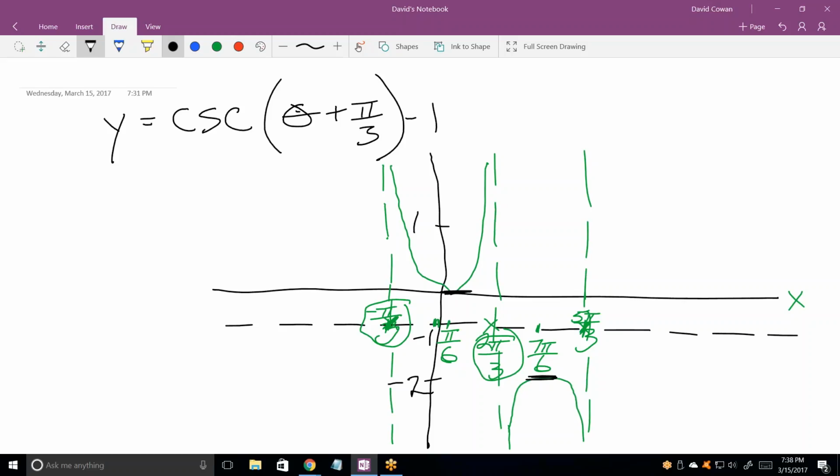But the order you do these in, I think it doesn't really matter. There's no reflection, so you can do them in any order you want. But I have always found that doing the vertical shift first is a good place to start, because it allows you to draw your new horizontal line of symmetry.